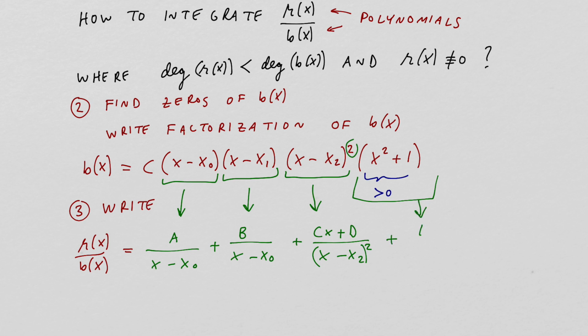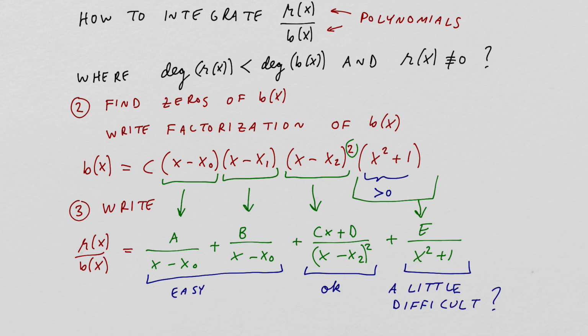Well, we will have a factor for that also. These factors here are the easiest case, then this would be the second easiest case, and this maybe is the most difficult one.